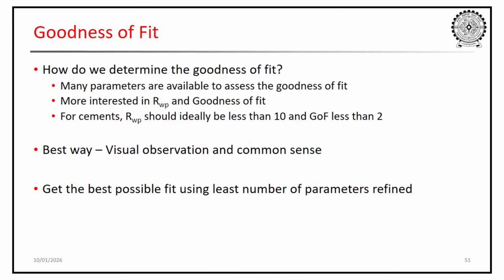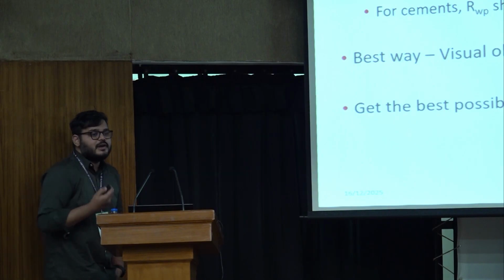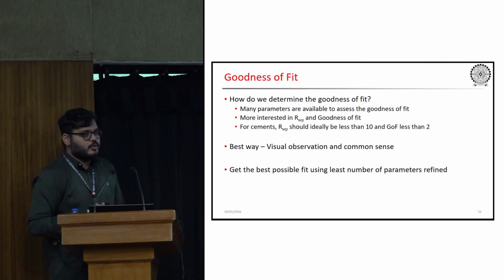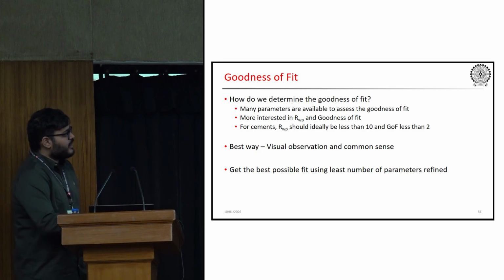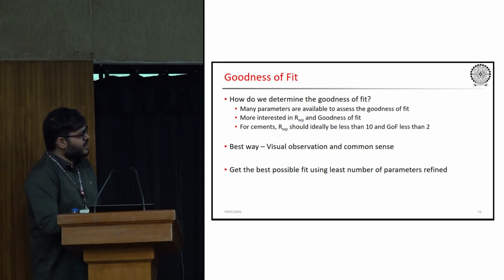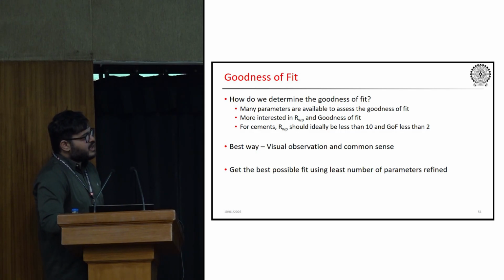Now, the other question is, how do we determine that we need to stop the refinement, or when is the fitting of the pattern good enough, right? There are different parameters that the software will give you to judge what is a good fit. Typically, for cement and cementitious material, we are interested in the RWP and the goodness of fit factor. Once you do the refinement, if your RWP is less than 10 and the goodness of fit value is less than 2, that means your fit is okay.